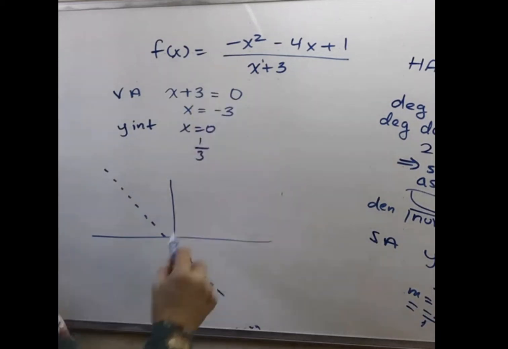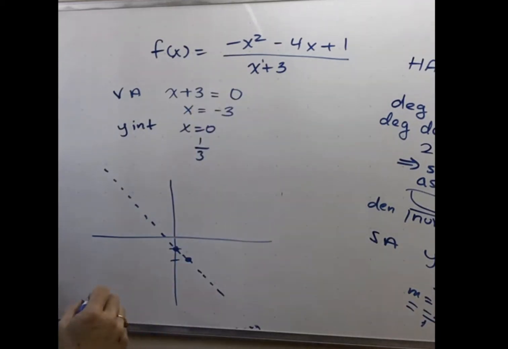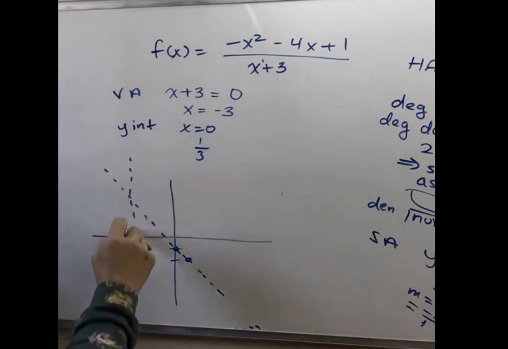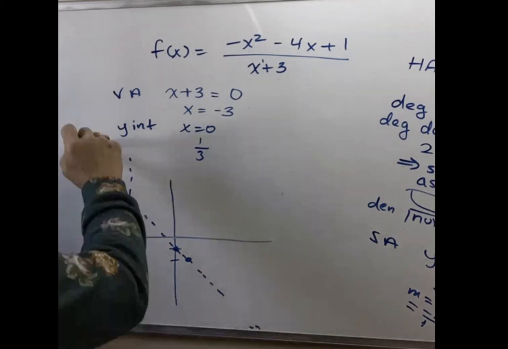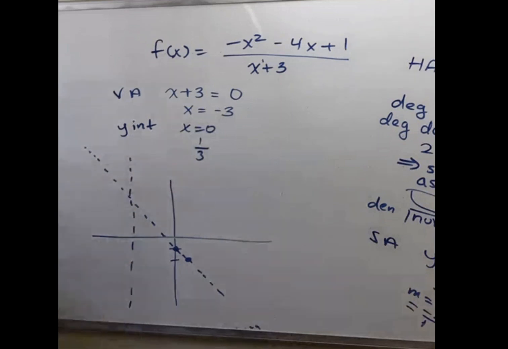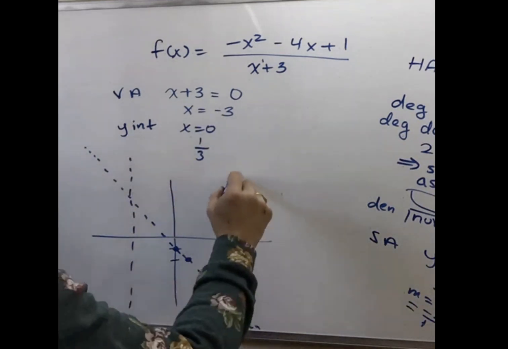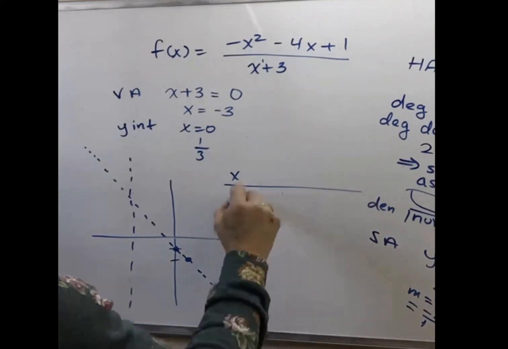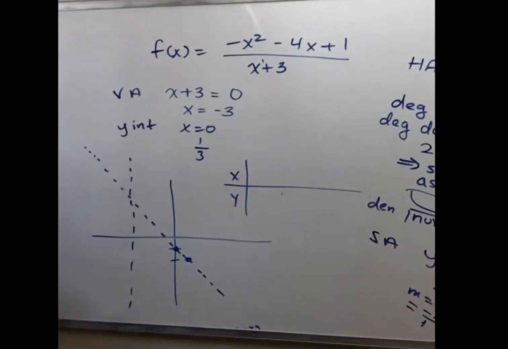I also have the vertical asymptote at negative 3. So negative 3 is over here somewhere. And so for our table of values, we are only going to worry about the vertical asymptote.